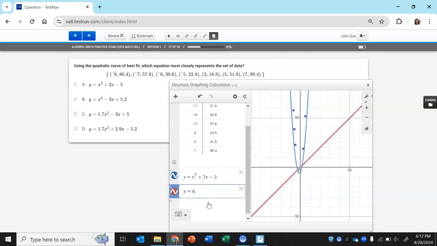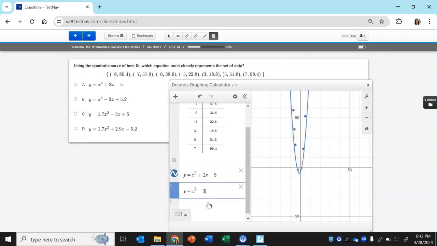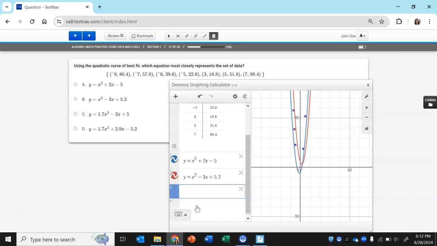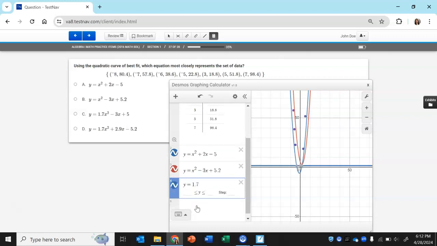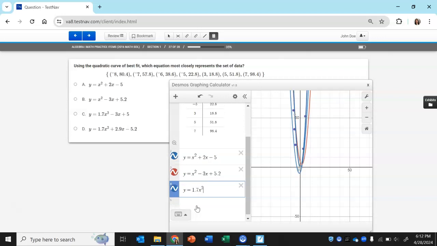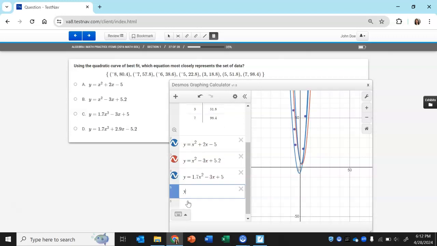Some of them will be obvious no's. Maybe this one will have an obvious no. I think that's an obvious no, but I'll leave it because it has that general shape. They both look pretty good to me, so I just don't know which one is best. I think I do have to use the regression. That one also looks good.